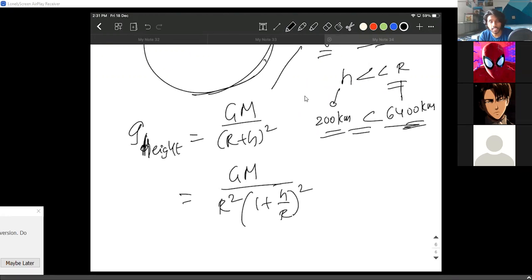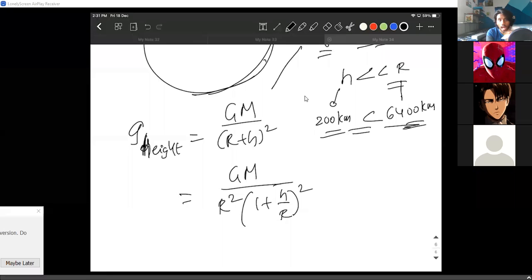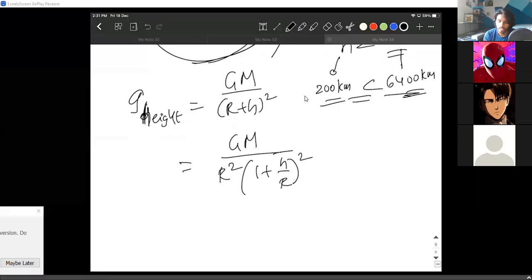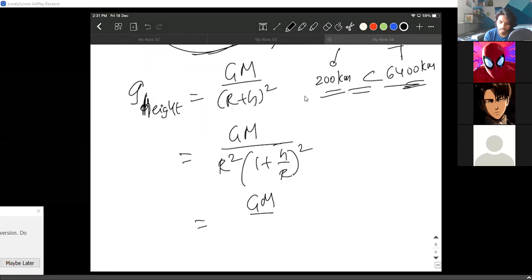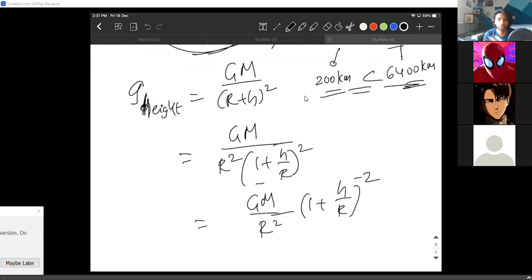I hope everyone sees what I just did. I simply took r square common out. So GM by r square, this whole thing will be written as 1 plus h by r to the power minus 2. There's a reason why I'm doing this. Guys, did I talk to you about the approximation?